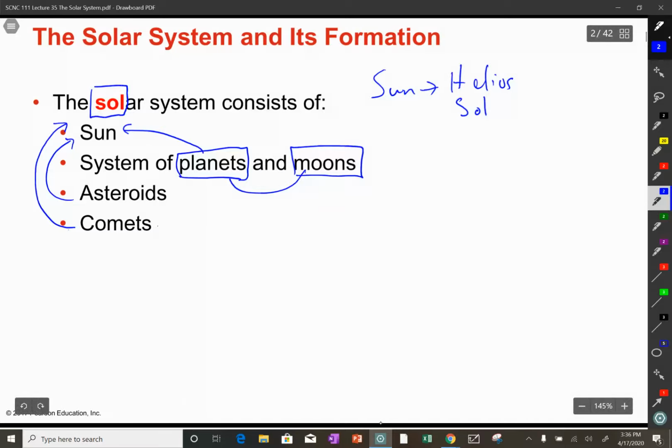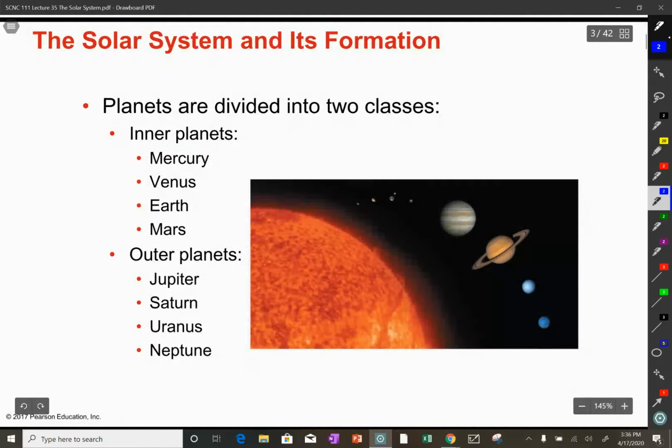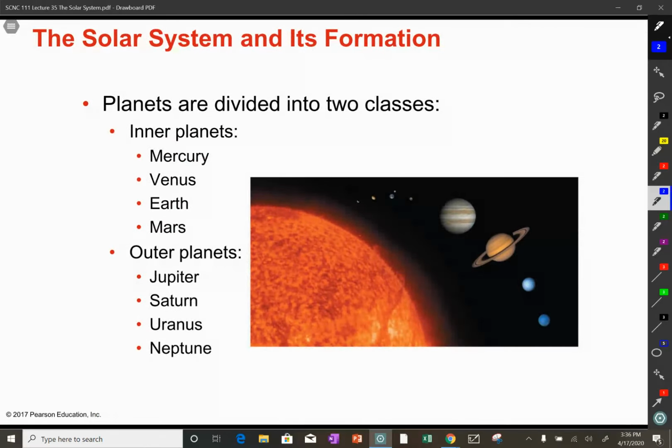I should point out comets. When I say comets, I mean things in the Kuiper belt plus things in the Oort cloud, which right now those words are not intended to be meaningful to you, but they're icy objects that we find in two locations in the solar system.